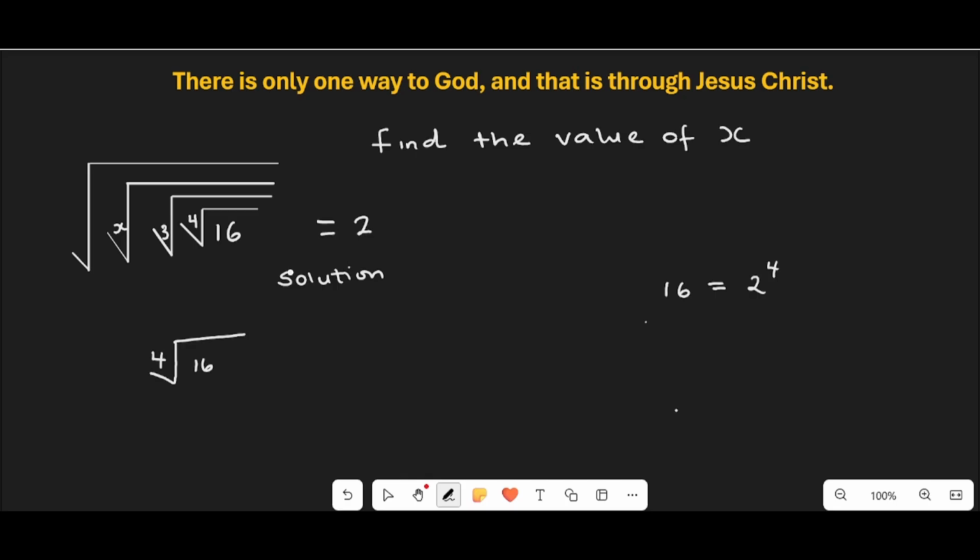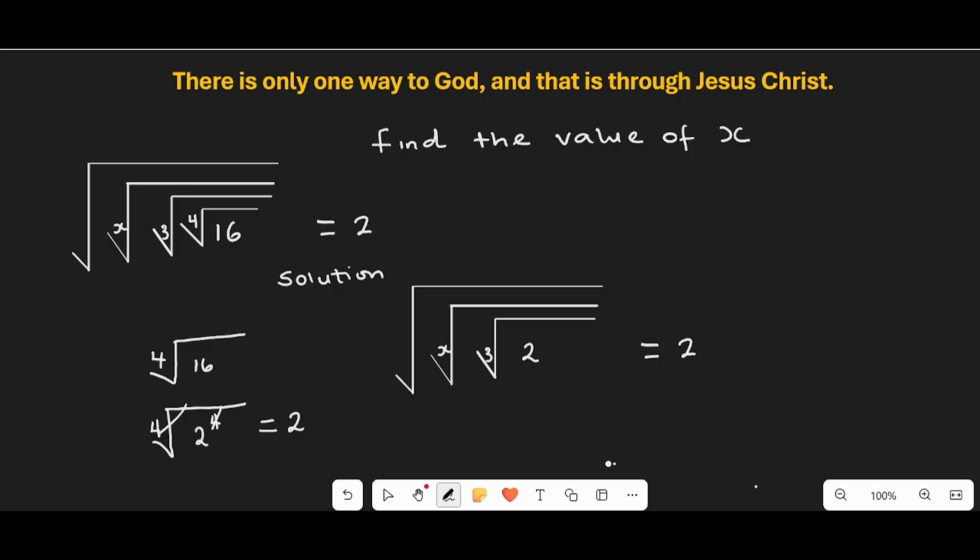So we are going to have the fourth root of 2 raised to power 4, and this cancels this, so the answer is equal to 2. So the given equation can be written as follows.